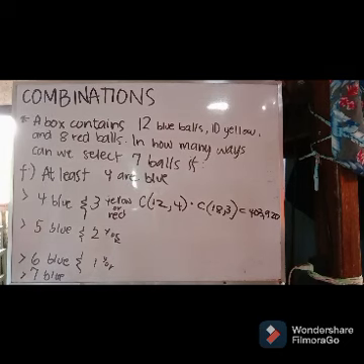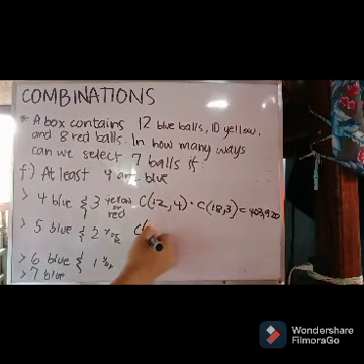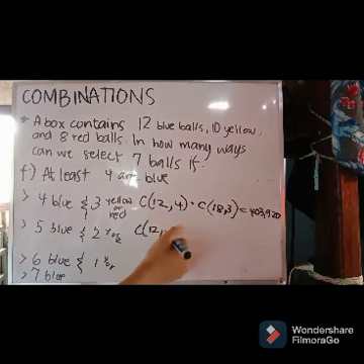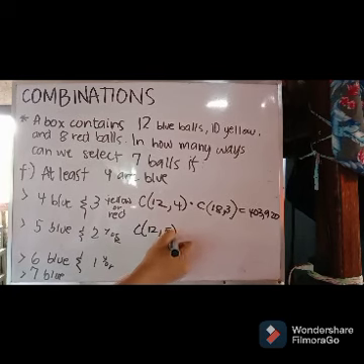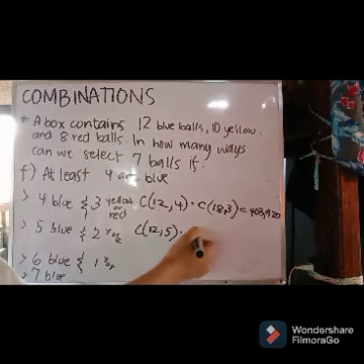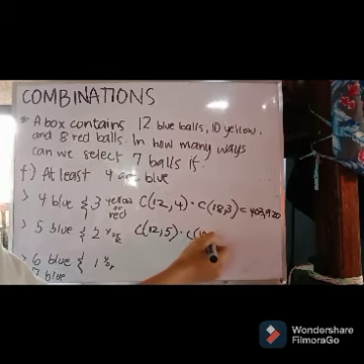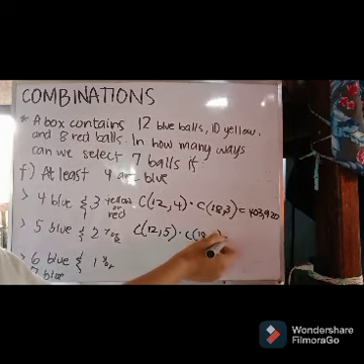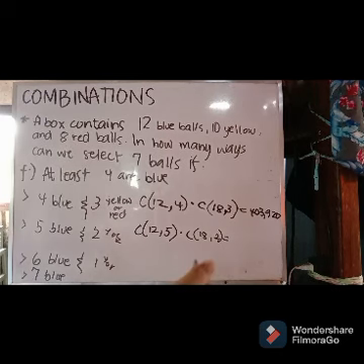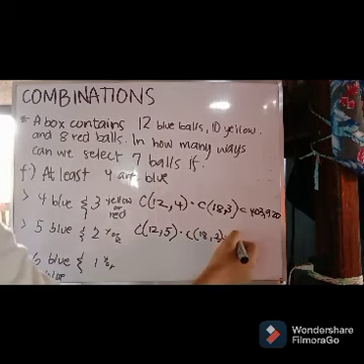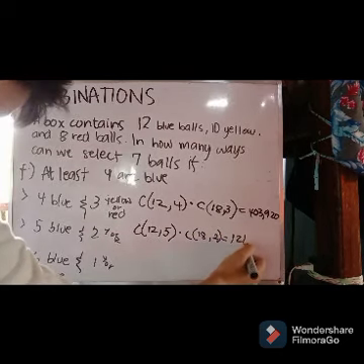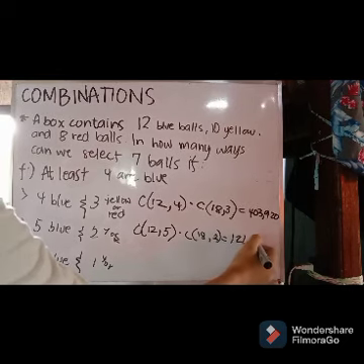And 5 blue and 2 yellow or red: combination of 12 blue taken 5 balls, multiplied by combination of 18 taken 2, equal to 121,176.